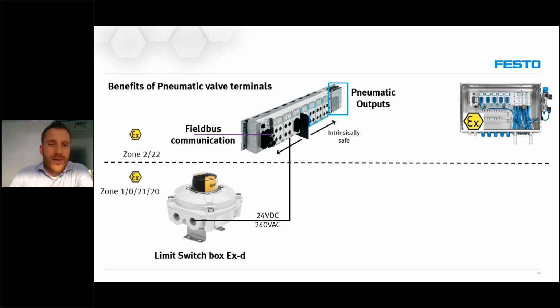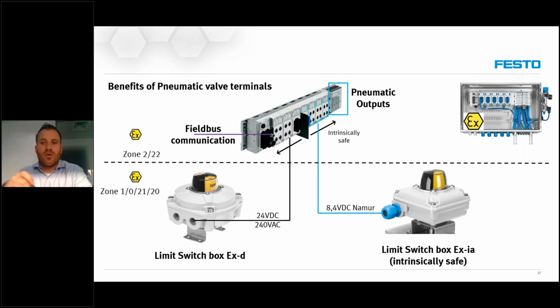But besides the limit switch boxes of the EXD type, we have the second type, which is also commonly used, the so-called intrinsically safe design, EXIA. Within these sensor boxes, we use a very low voltage, 8.4 volt DC, which can also be considered a NAMUR signal.